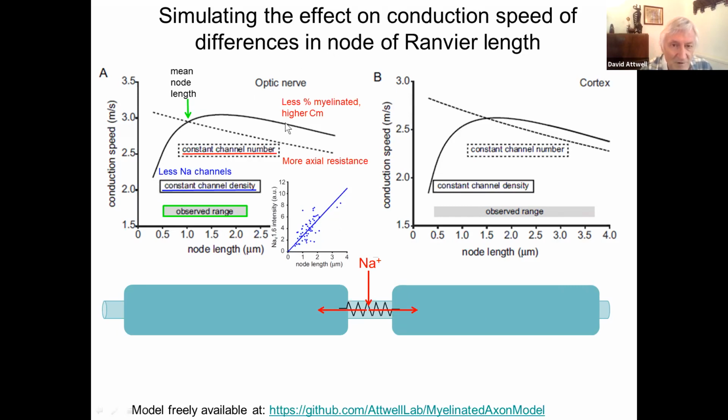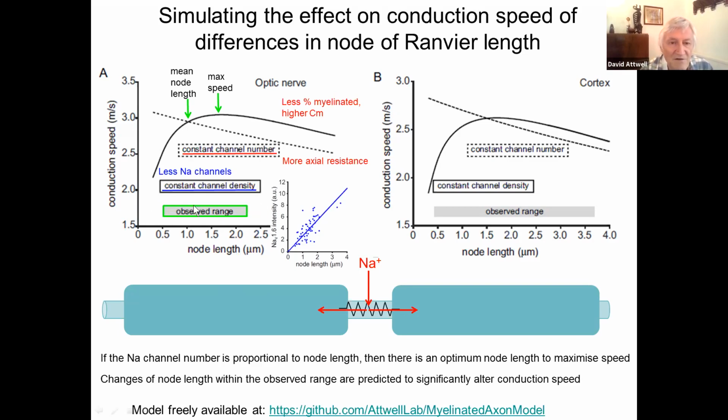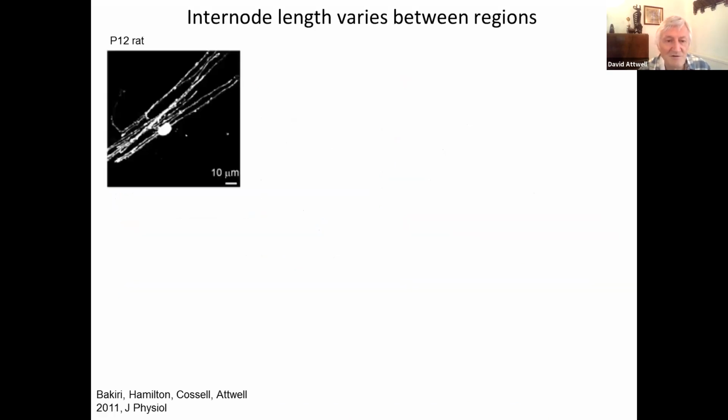The decrease up the top end is the same, but you decrease the number of sodium channels down here, and that means that you get an optimum to this graph of speed against node length, which is somewhere around here. So changes of node length in this observed range are predicted to significantly affect the conduction speed and could be used to tune the arrival time of action potentials.